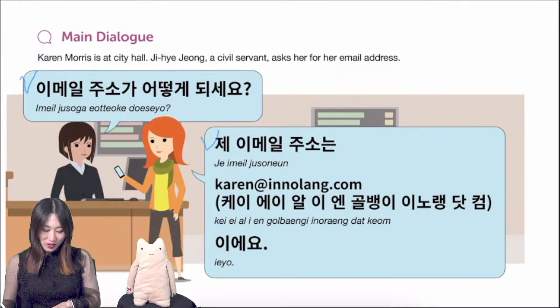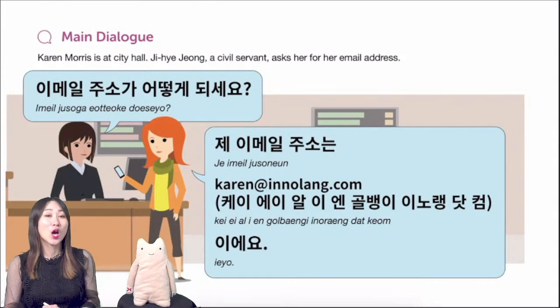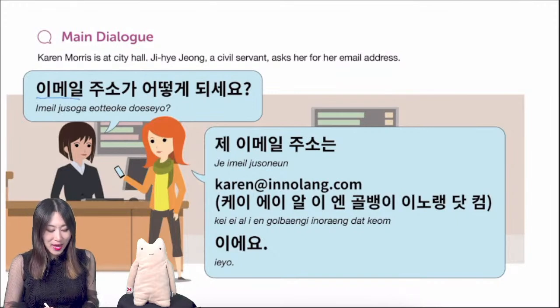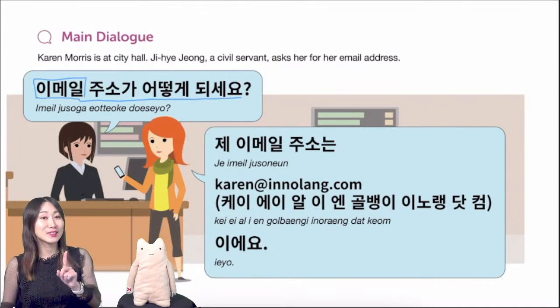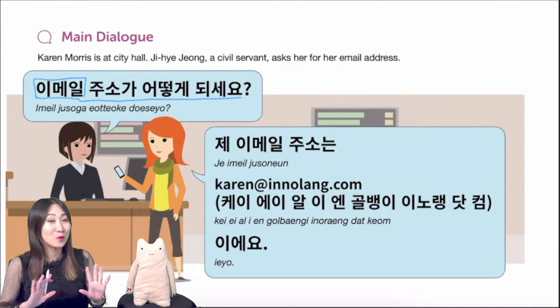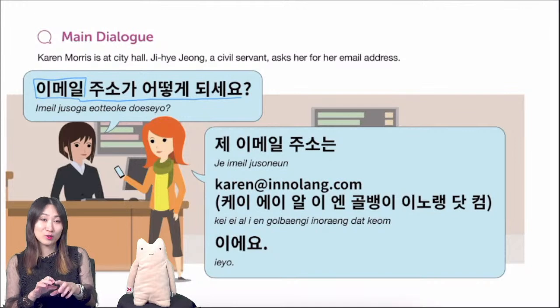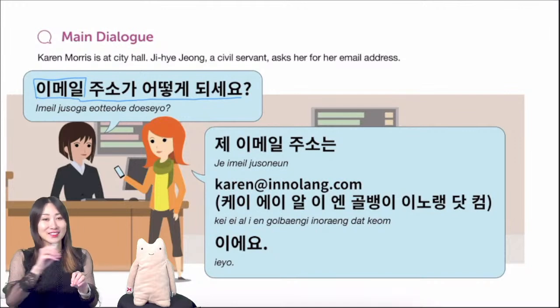So the first sentence means, what is your email address? 이메일 주소가 어떻게 되세요? 이메일, as you can all guess, is a word that Korean people directly borrowed from the English word email.